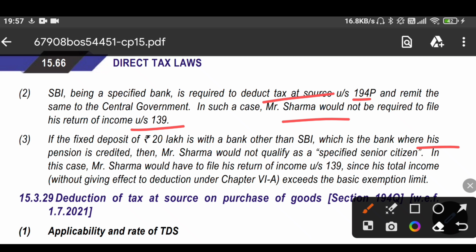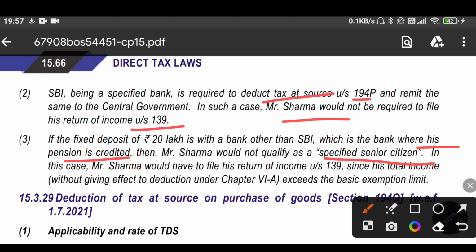So which is the bank where his pension is credited? Mr. Sharma would not be qualified as a specified senior citizen because the FD is in another bank account. If any income is generated through another bank account, then 194P will not be applicable. Then normal provisions will be applicable.